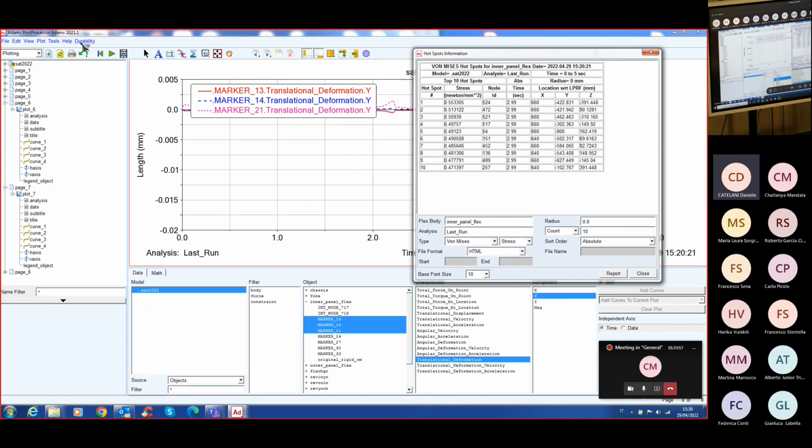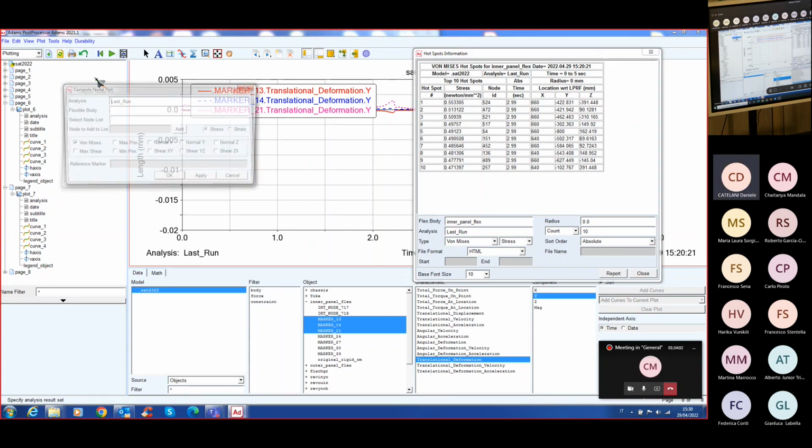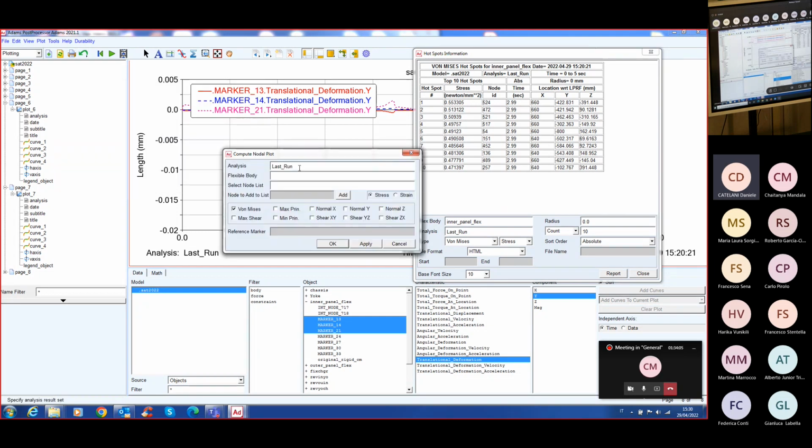To do it, go to durability, go to nodal plots, and in this dialog box, for the last run for the inner panel, you create plots considering, for example, node 4524 first, and then node 472 second, etc. You can write in this list all the nodes you want to investigate.